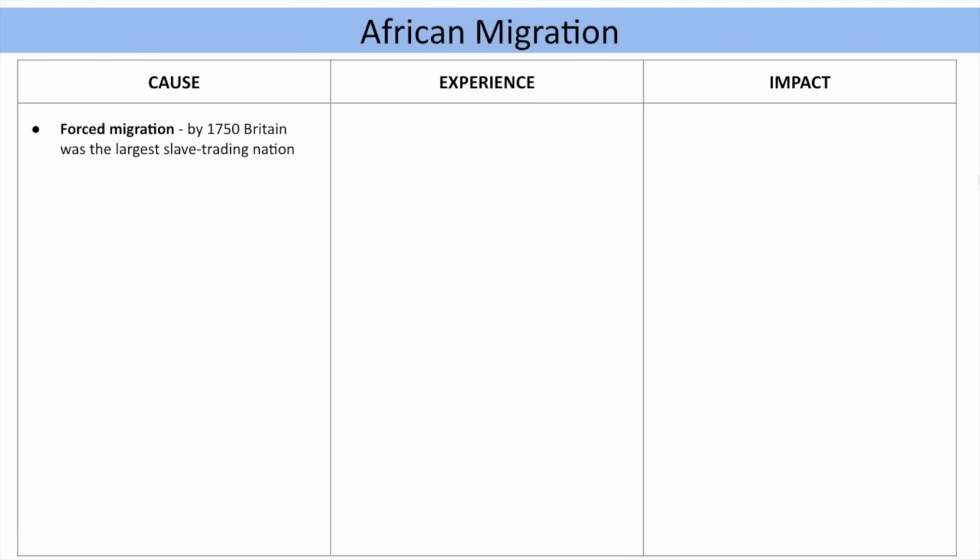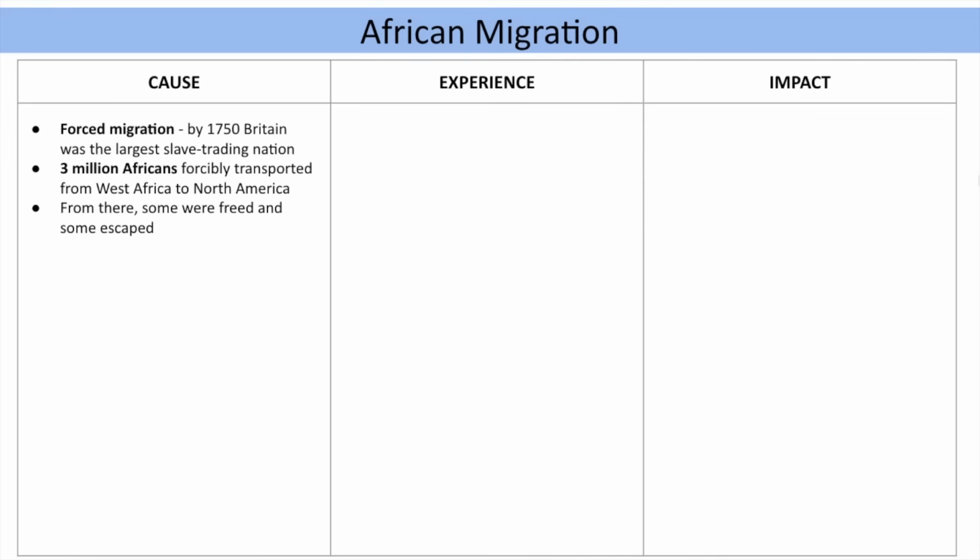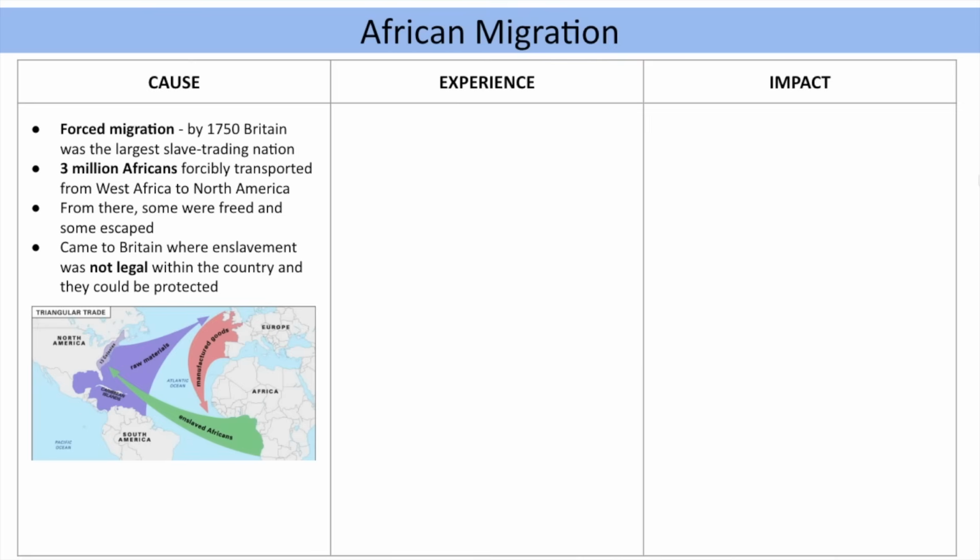What it's doing is forcing migration from Africa to North America and the Caribbean, and it's from there, from North America, that some African migrants are freed and some escape, and then they come to Britain for freedom, because in Britain slavery was not legal and they would be protected if they came into the country.